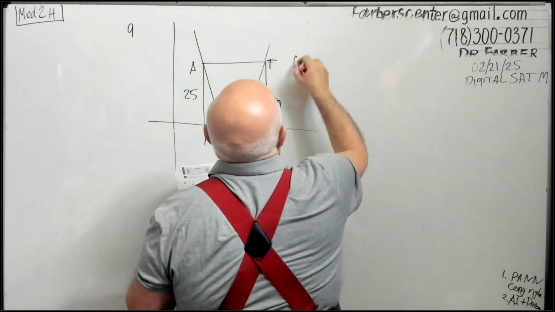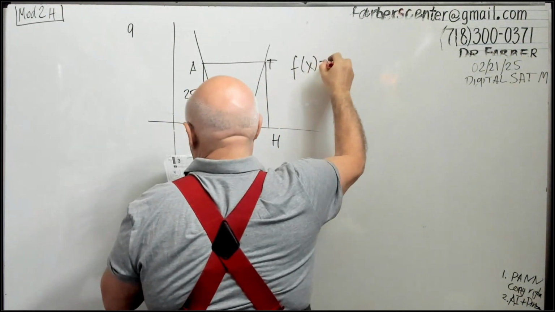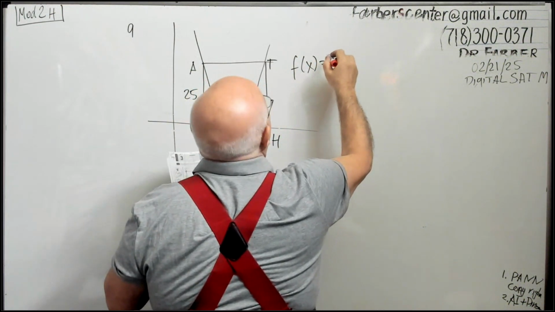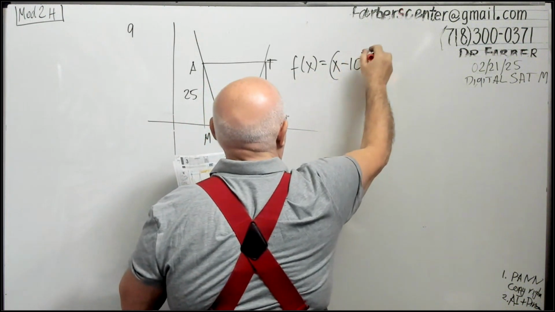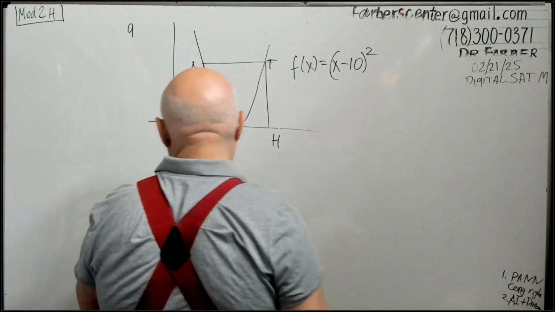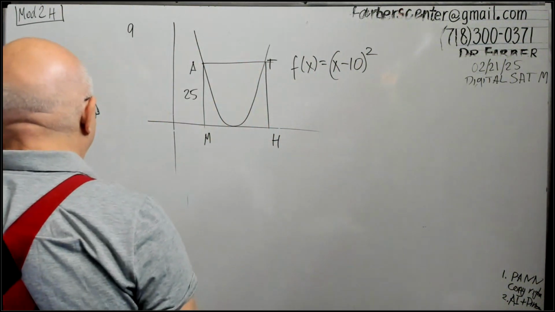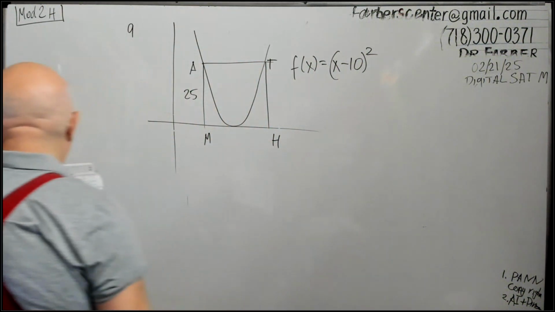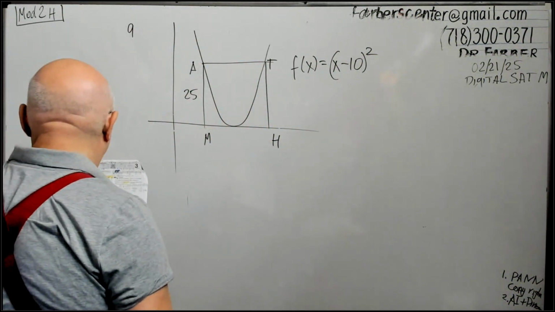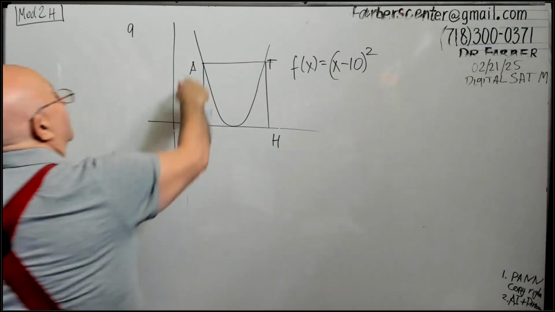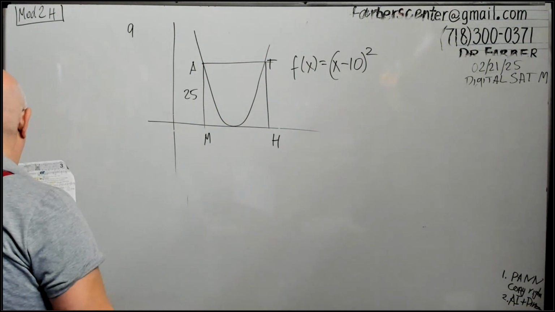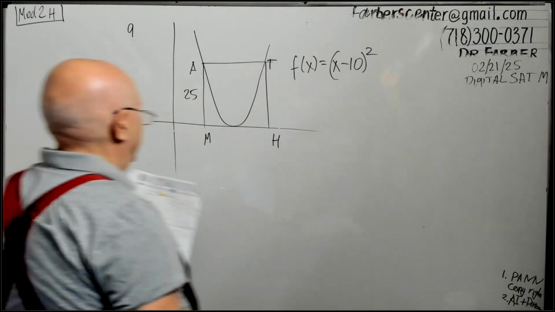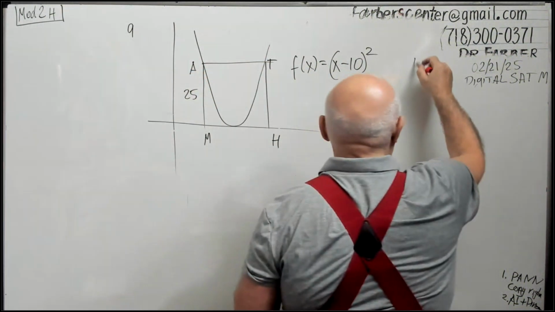F of x equals to x minus 10 to the second power. And the question is, oh, this is math, M-A-T-H, math. What is length of AT? My goal is AT.